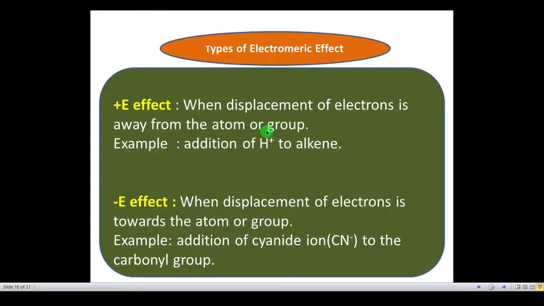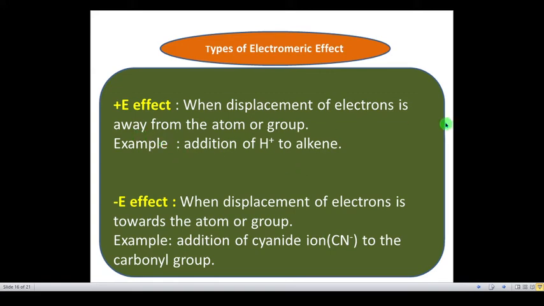Now we will see the various types involved in the electromeric effect. The electromeric effect is classified into positive electromeric effect and negative electromeric effect. The positive electromeric effect is called the plus E effect. It is defined as when the displacement of electrons is away from the atom or group. Suppose that in a multiple bond, your attacking reagent is going to attack there.